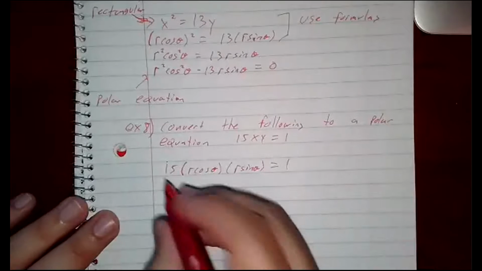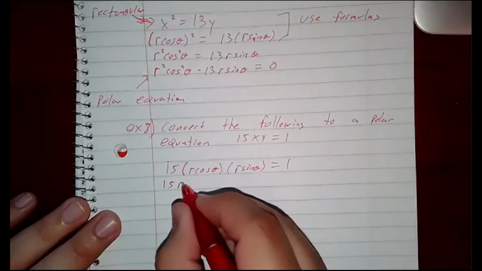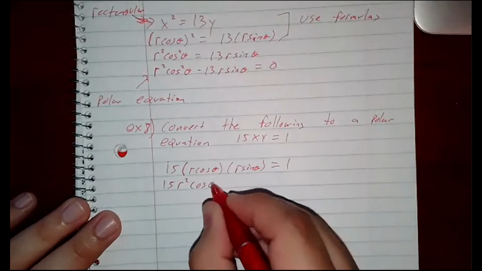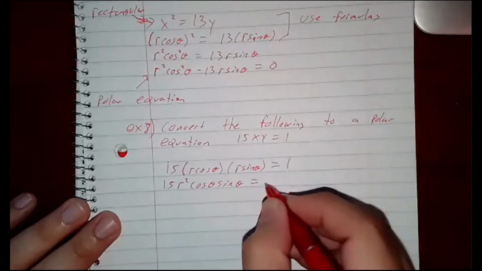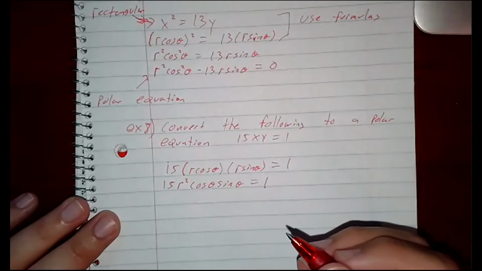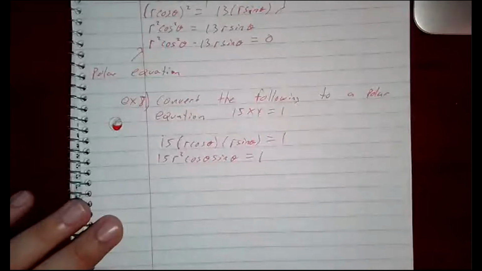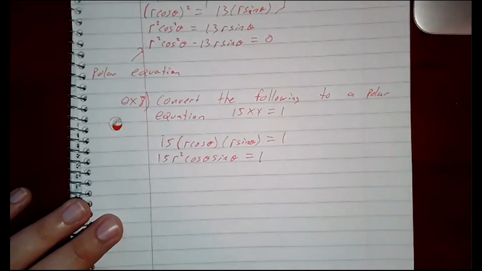Now let's go ahead and multiply that out. You'll have 15r squared cosine theta sine theta equal to 1. I don't see it getting much prettier, except, well, we could use an identity, I guess, right?